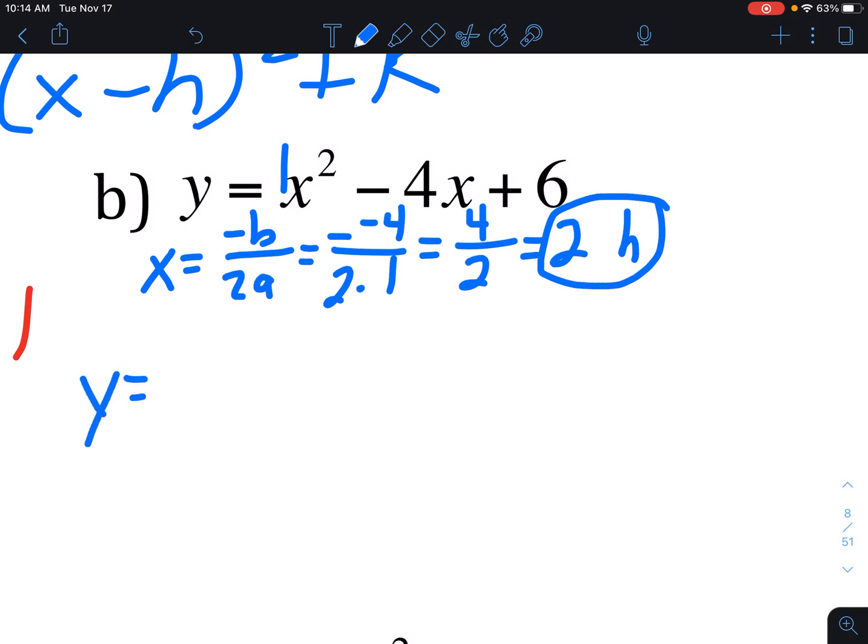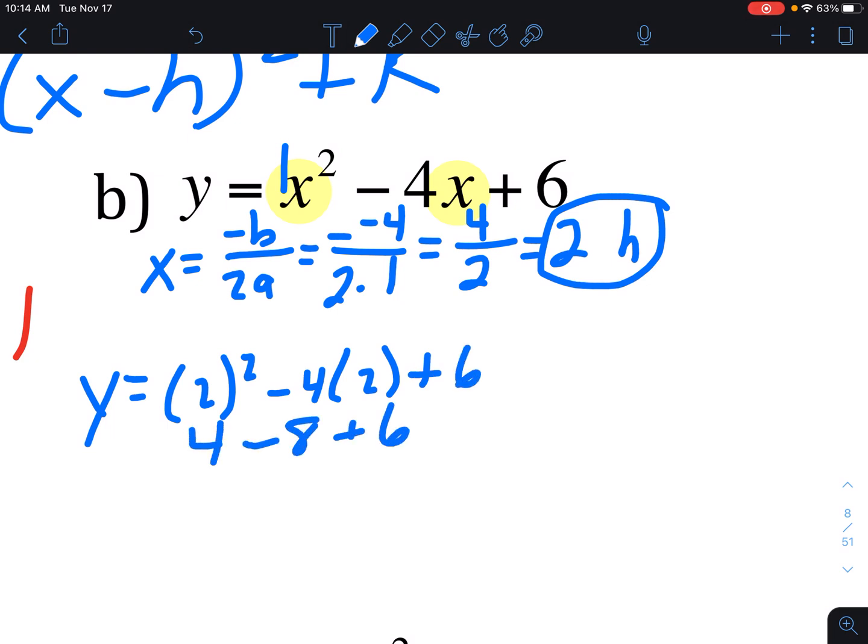Now I need to get my y, which will be my k. So I'm taking my 2, plugging it in for my x's, just like I've been doing for 20 minutes now, and I'll get 2, and that's going to be my k in my formula.